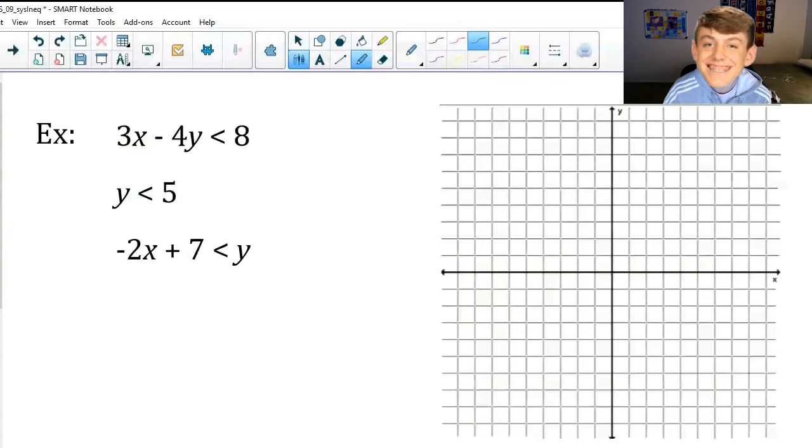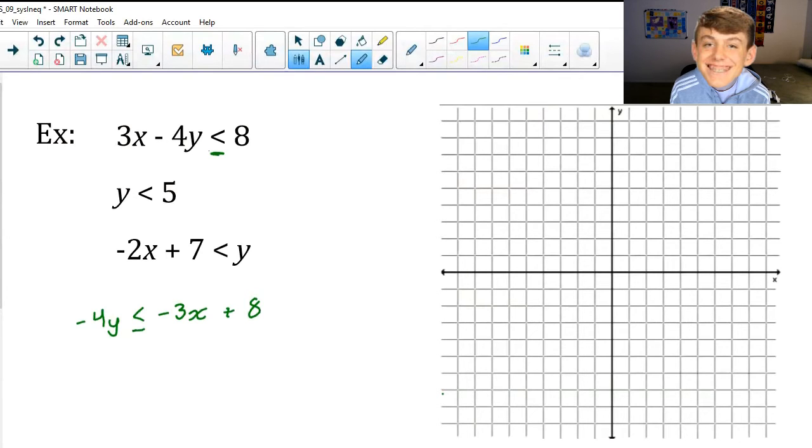So let's first think about the first equation. Let's go ahead and change it so that it's in slope-intercept form. Let's also change this first one so that it's less than or equal to. Okay, so subtract 3x from both sides, and then plus 8.